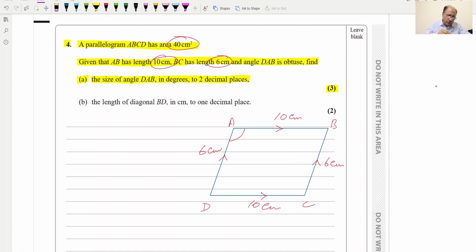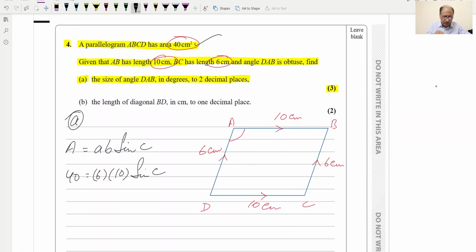Area is equal to AB times BC times sine C, and the area provided is 40. Replacing values, 6 into 10 sine C. Now sine C is equal to 40 divided by 60, which is 2 over 3, so C will be equal to sine inverse of 2 over 3.